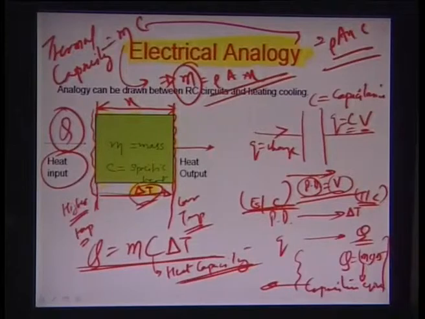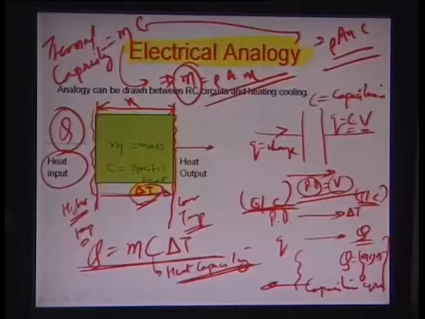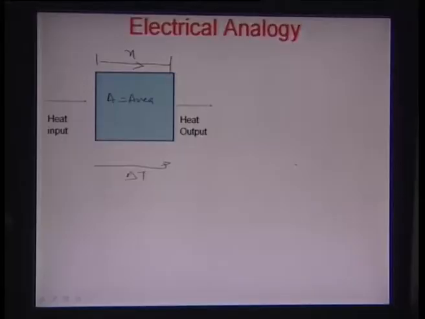Let us also look at whether there is something analogous to a resistance in an electrical circuit, in a thermal circuit. For doing that, we need to assume the rate of flow of charge. So in the case of the equivalent of resistance, we have to consider the rate of flow of charge.